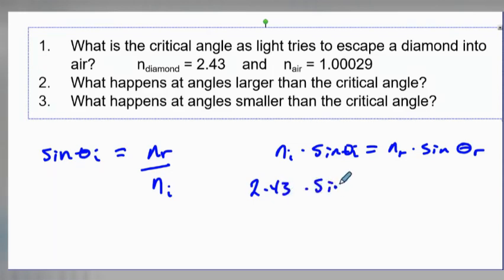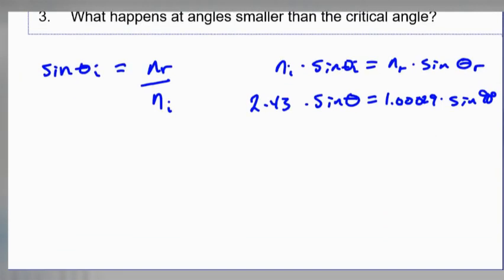So 2.43 times the sine of the angle, don't know the angle, equals 1.00029 times the sine of 90 degrees. But we already know that the sine of 90 degrees is 1. So the sine of the angle here would be equal to 1.00029 divided by 2.43.